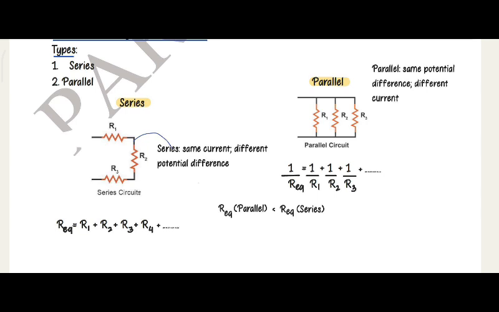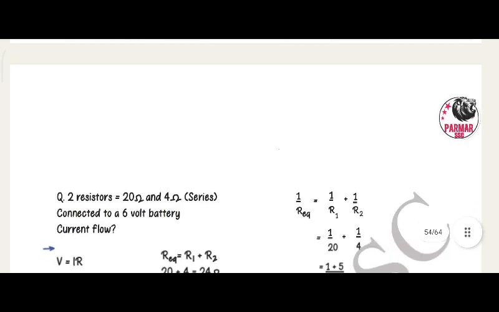In parallel, same potential difference and different current. R1, R2 and R3 are connected across the same circuit. 1 by Req is equal to 1 by R1 plus 1 by R2 plus 1 by R3 and so on. Req parallel is less than Req series.